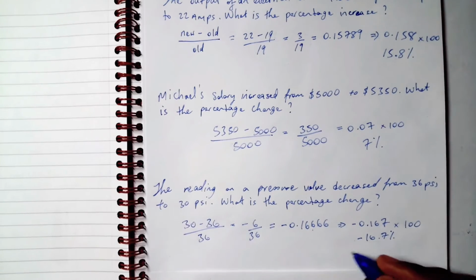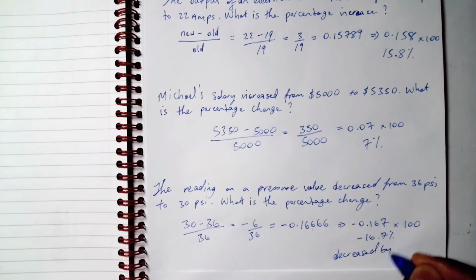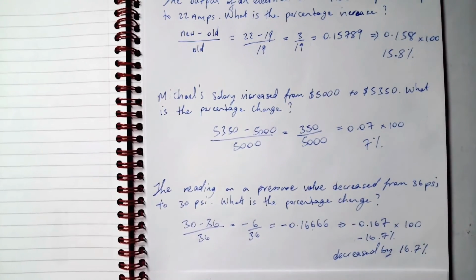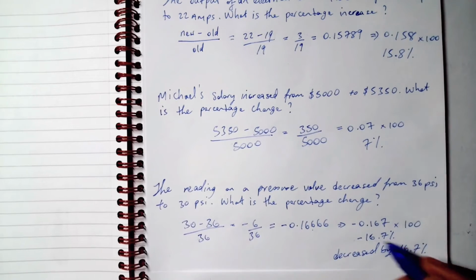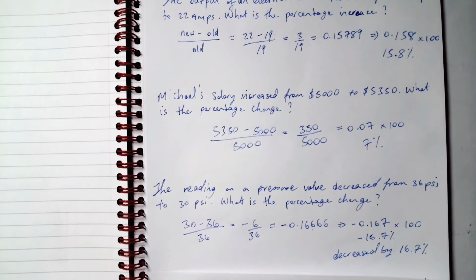Or we could simply write decreased by 16.7%. So the new, which is 30, minus 36 divided by the old 36. Simple. Convert to percentage. Voila. We round to the third decimal place.